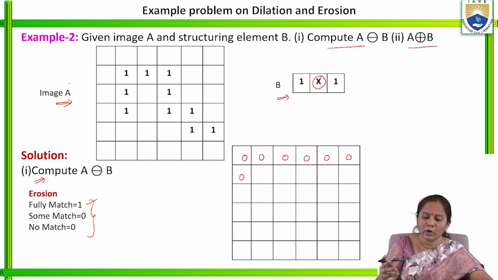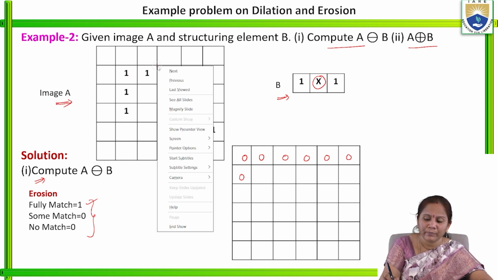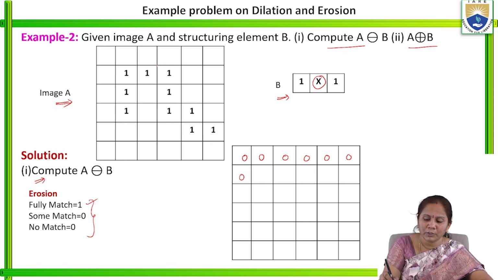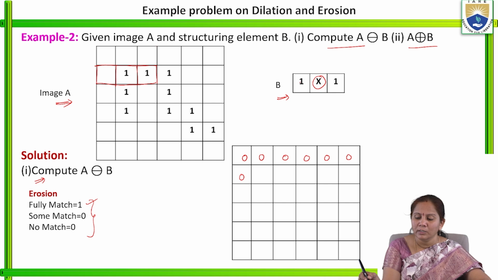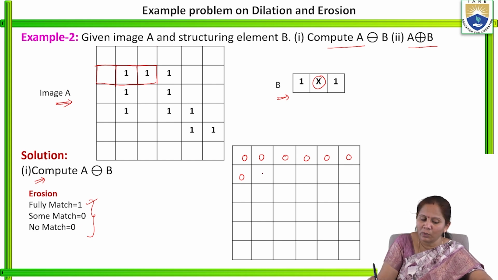Now, in order to find the next element, if we shift the structuring element, it will be like this. So 1, don't care, 1, and here 1, don't care, 1. This is vacant, which comes under some match only, so this value will also become 0.